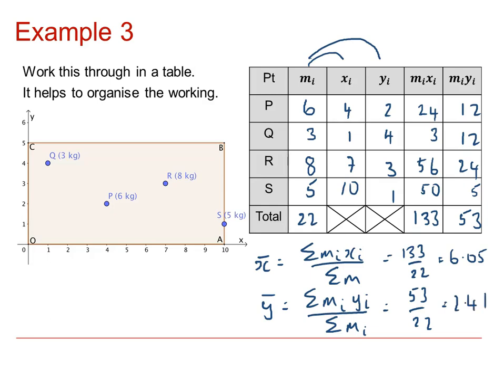So therefore we have a centre of mass at the point 6.05 and 2.41.